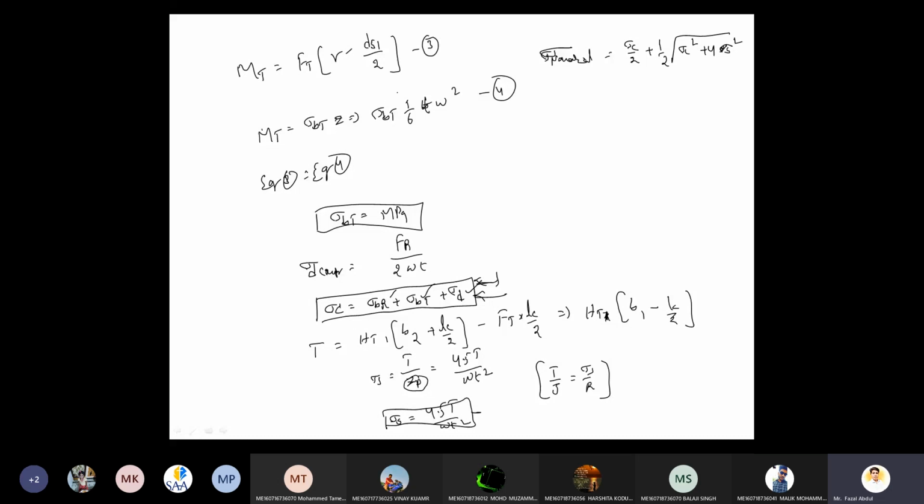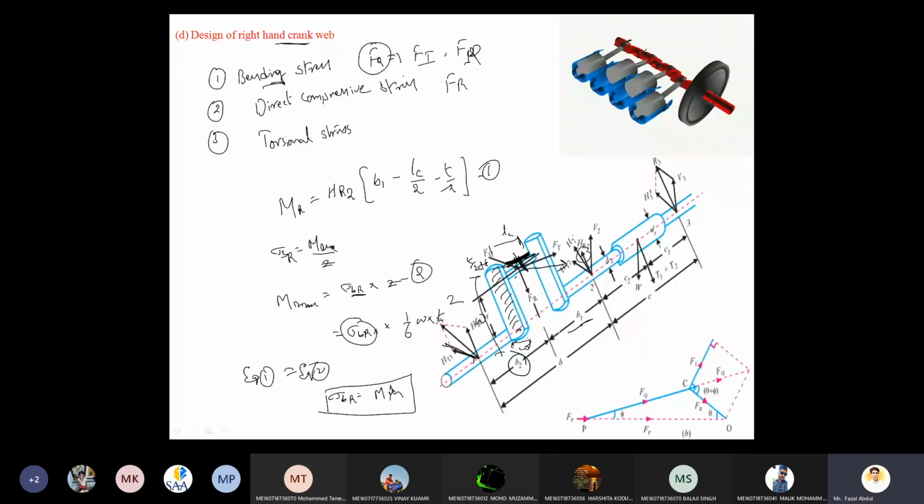So why am I taking this one? See, at the beginning what I told, the crank will be subjected to the bending stress, direct stress, and the torsional stress. So direct stress due to the F and T, compressive stress due to the R. These three are the same in nature, but the tangential force is acting here. So for that reason, these are combined into one, and this is the other one.